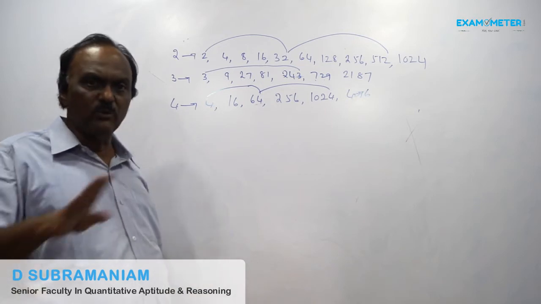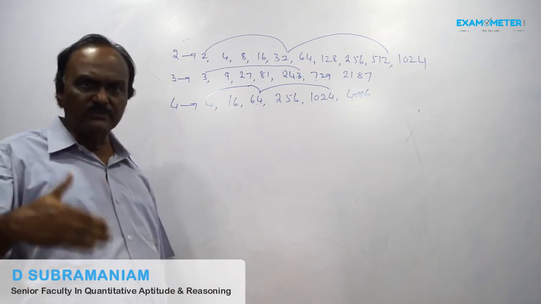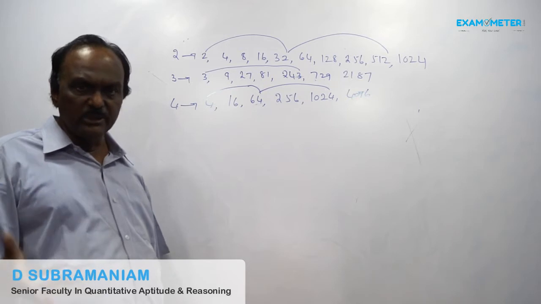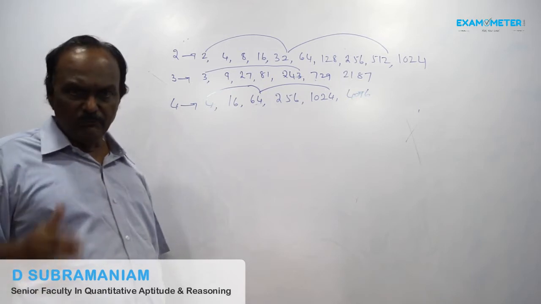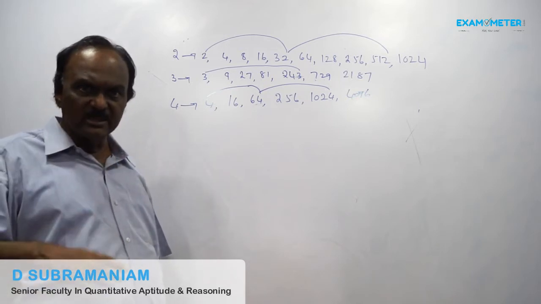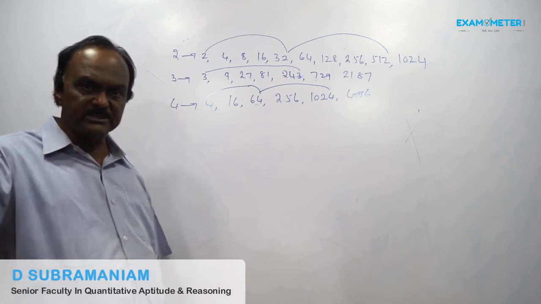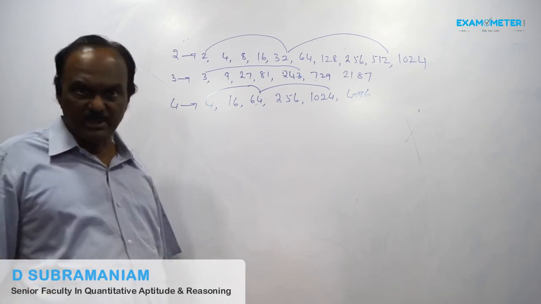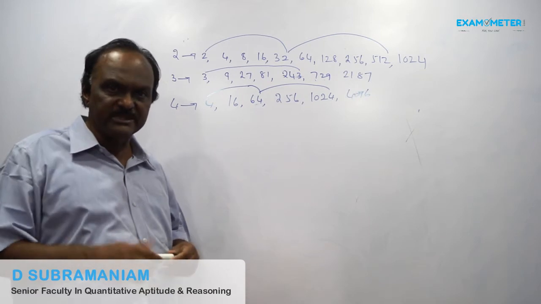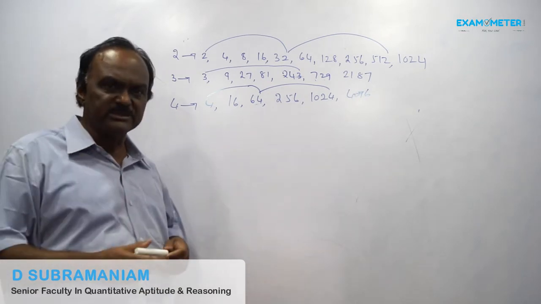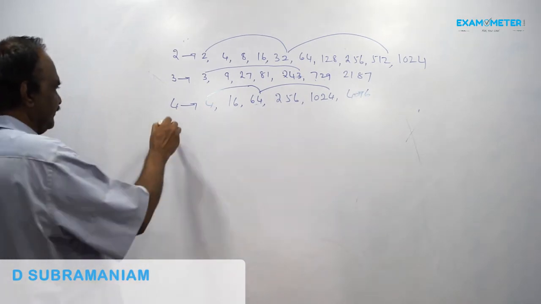So as far as the 4 series is concerned, after every 2 places, the unit place is the same. For the 2 series and 3 series, after every 4 places, the unit place is the same. For the 4 series, after every 2 places.